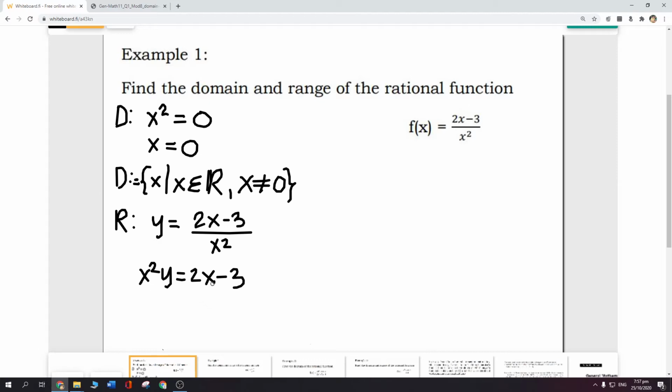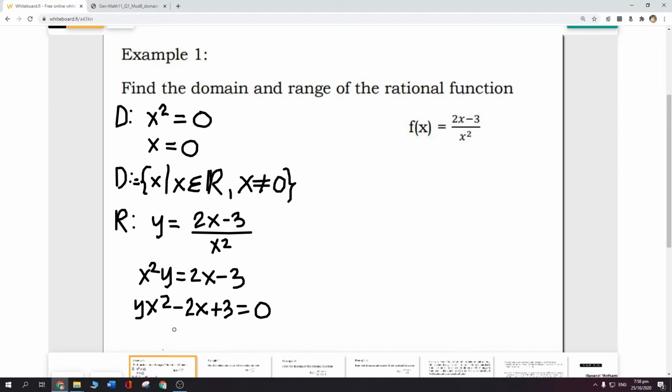Since this is a quadratic equation, we are going to transfer all the terms to the left side. So that means we are going to arrange this. We are going to write first y times x squared. We have y x squared minus 2x plus 3 equals 0.